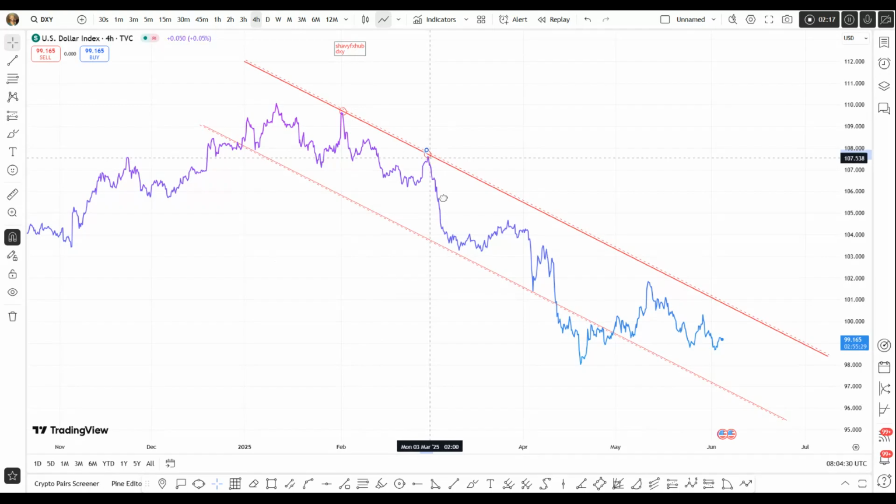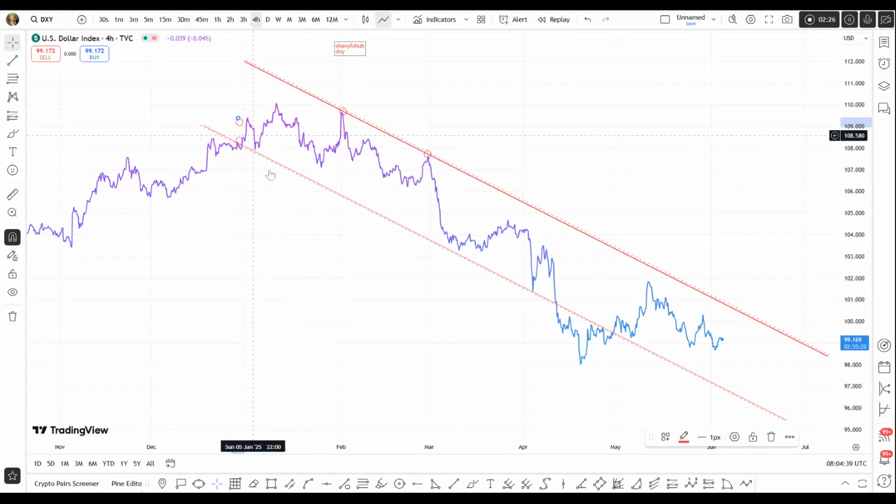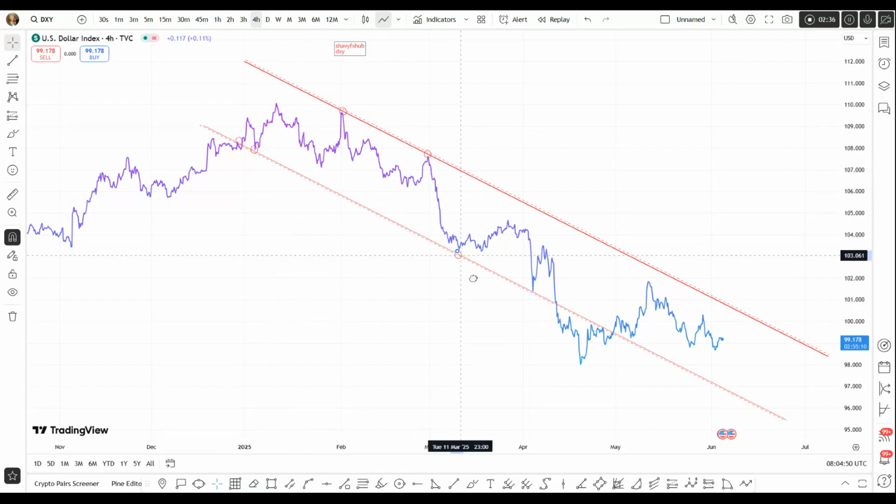Here is another supply roof. This is a supply roof followed by a break of structure and a retest. And price came back to retest it.